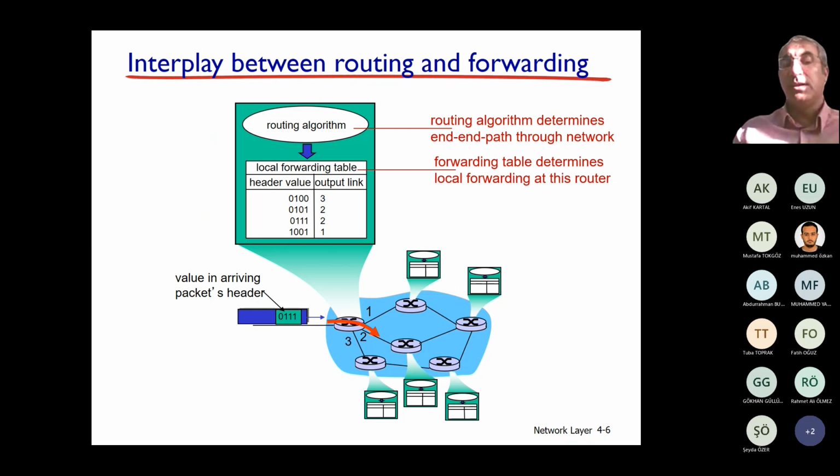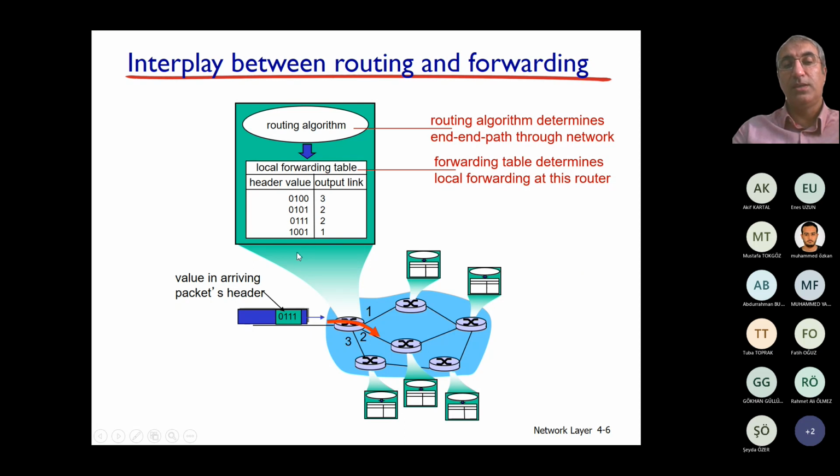For instance, as a router, you receive a packet, and as you see in the packet, we have a header, and in this header, we have some value, which is the IP address. So you look at this range. Based on this table and the header information, you direct this packet to the appropriate output.